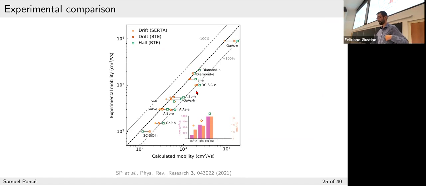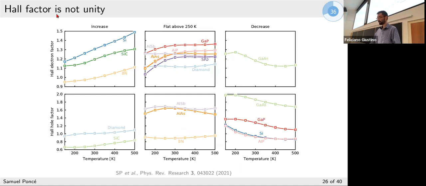And you can see that in most cases, it increases the mobility even more, but there are cases, like this one, where the Hall factor is actually smaller than 1, so you are reducing the mobility. So an important message is that the Hall factor is not unity. There are many papers where this is assumed. In some materials it might be good, but in most materials it's not.